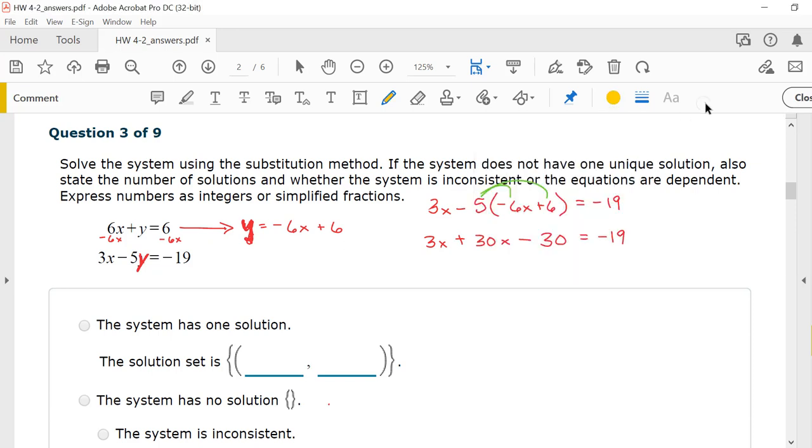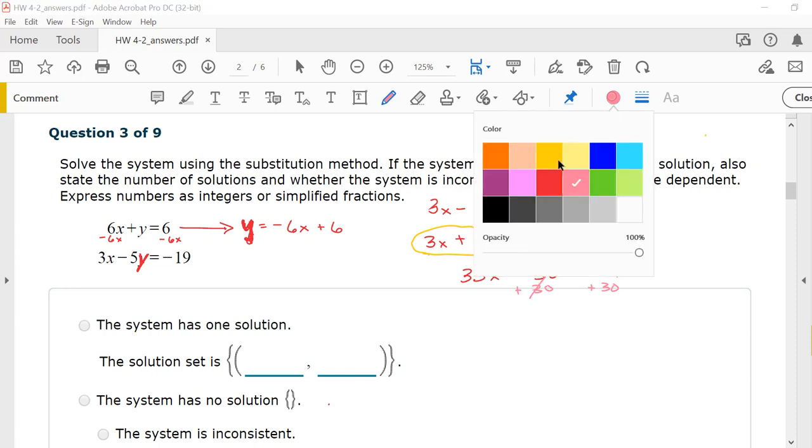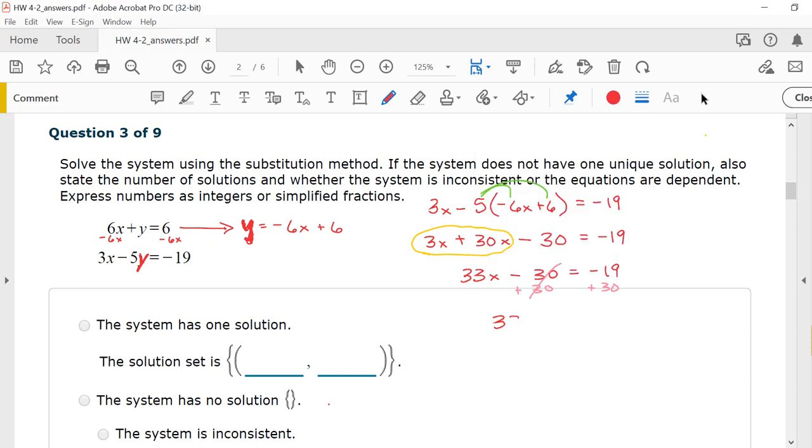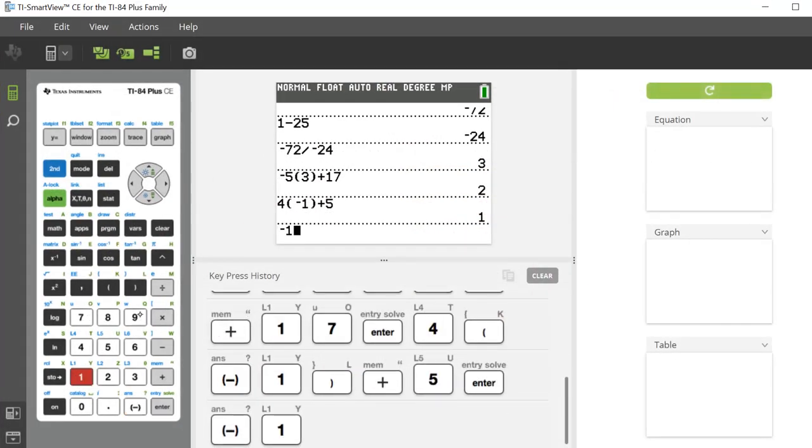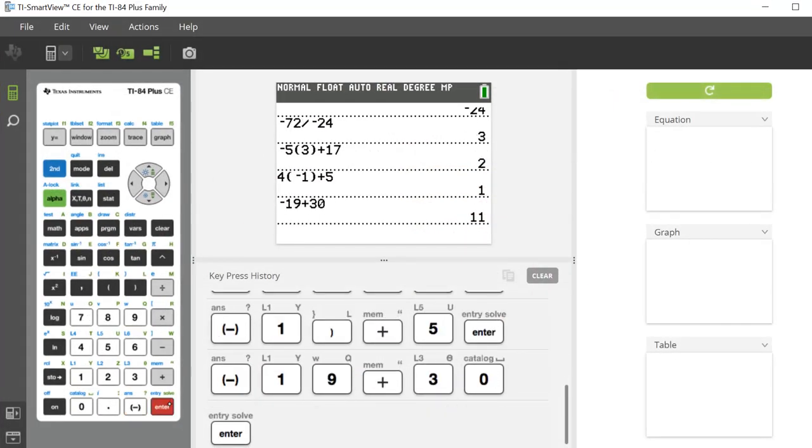Combining my x's, 3x plus 30x gives me 33x minus 30 equals negative 19. I need to add 30 to both sides. 33x equals negative 19 plus 30 is 11.